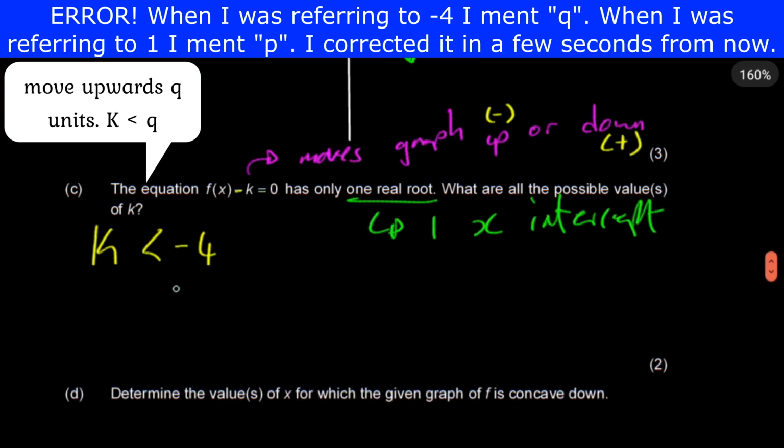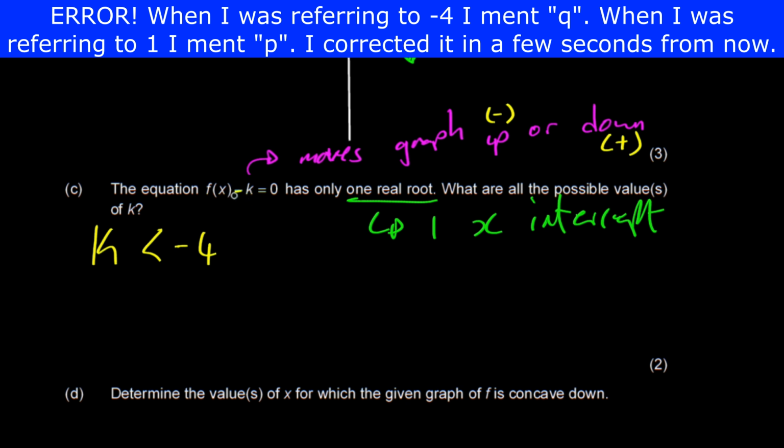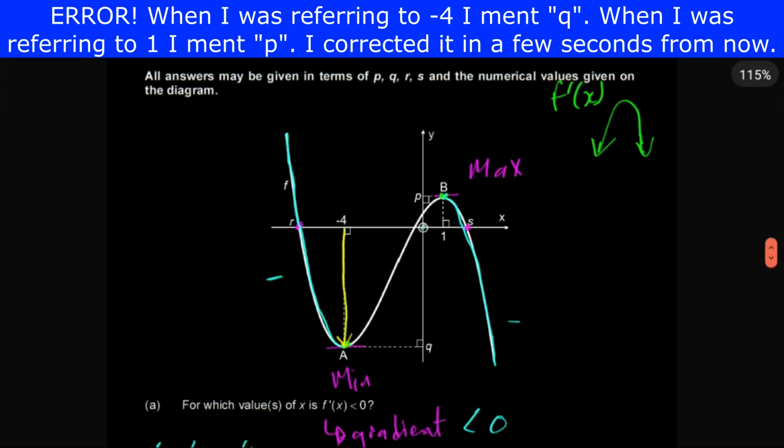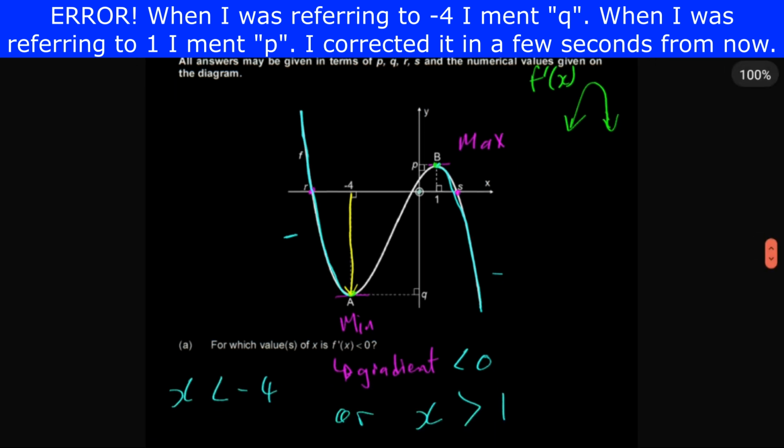This is one of your answers, because if k is smaller than -4, it means you're putting numbers here that are smaller than -4, meaning a negative times a negative will give you a plus, meaning you'll have moved your graph more than 4 units upwards. And anytime you move your graph more than 4 units upwards, your graph will only have one x-intercept.